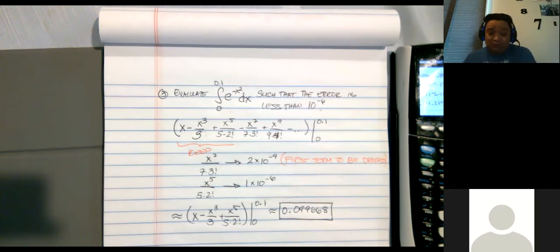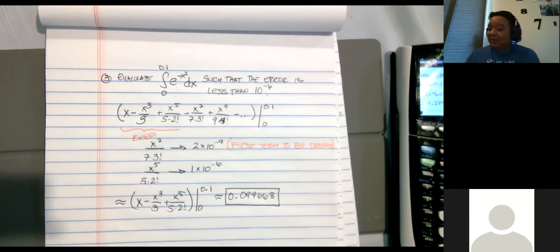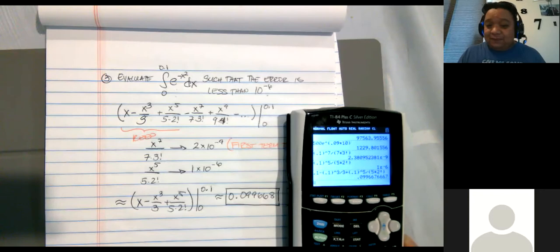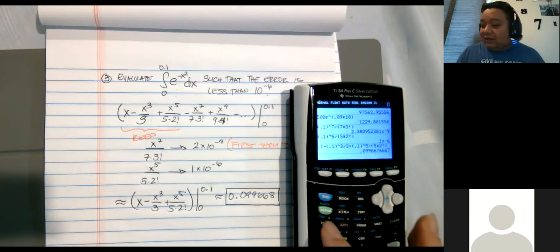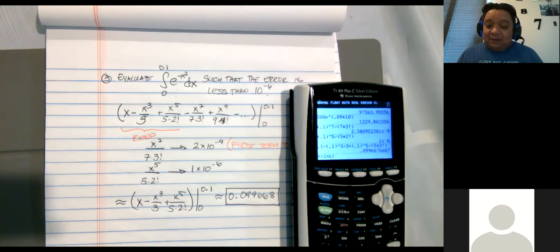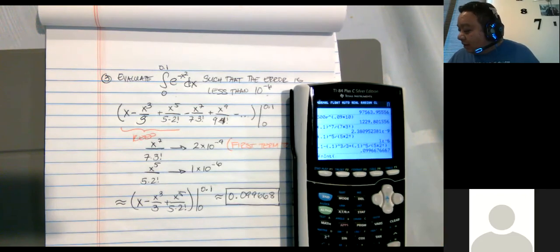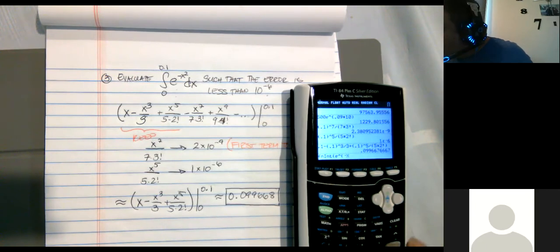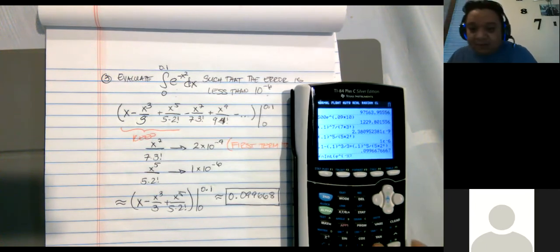By the way, to double check and see if we did it right, your calculator has an integral function. If you click on math, right here it says function integrate. So you're going to integrate a function. It's e to the negative x squared, comma x.